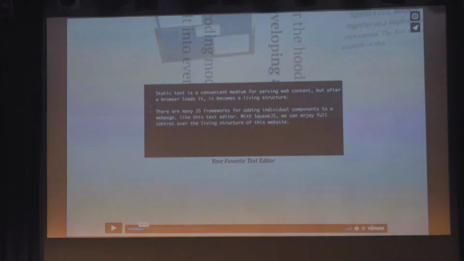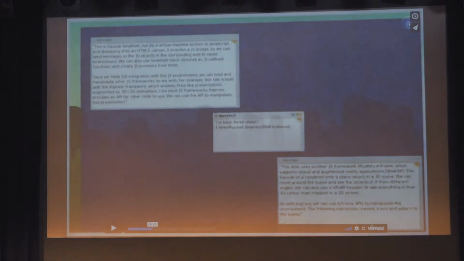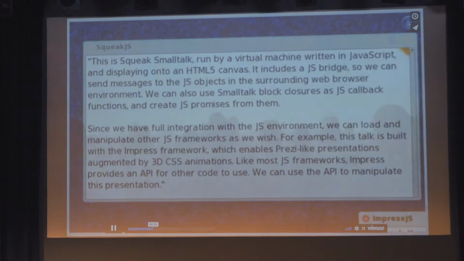So this is another thing that I brought in, an ACE text editor. And on this Impress slide is a Squeak IDE that is projected onto a surface inside of a virtual world using a JavaScript virtual world framework called A-Frame from Mozilla.